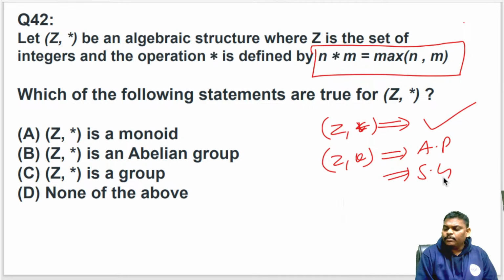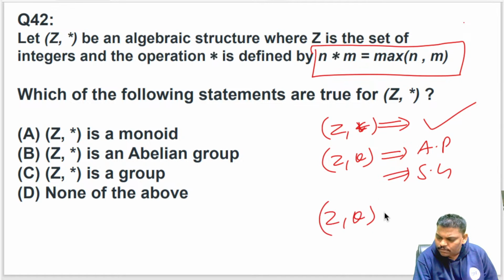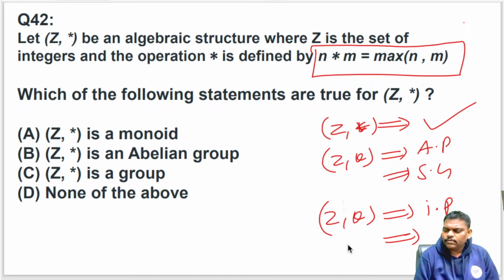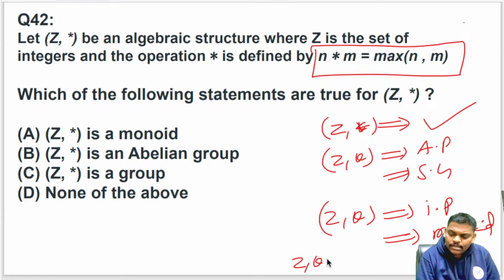Associative property means semigroup. If (Z, *) satisfies the identity property, then it is called a monoid. If (Z, *) satisfies the inverse property, then it is called a group. If (Z, *) satisfies the commutative property, then it is called an abelian group.